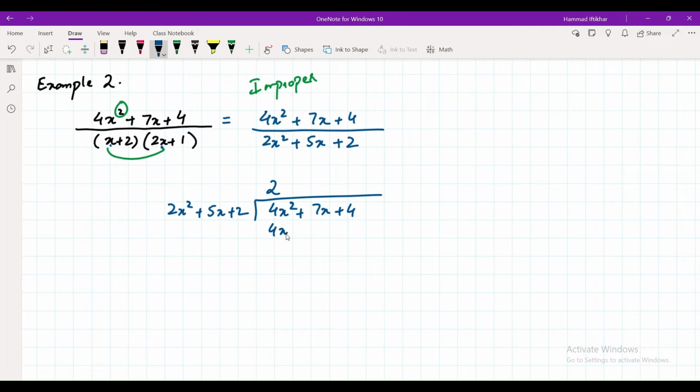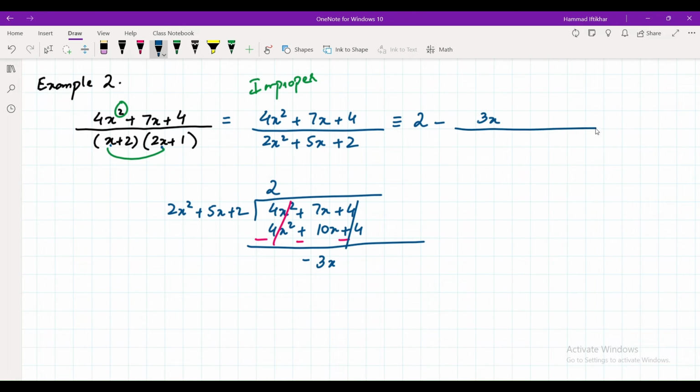We get 4x squared plus 10x plus 4. Subtract: 7 minus 10 is minus 3x, and 4 minus 4 also gets cancelled. So that's it. What we have over here can be rewritten as 2 plus minus 3x over (x plus 2)(2x plus 1).